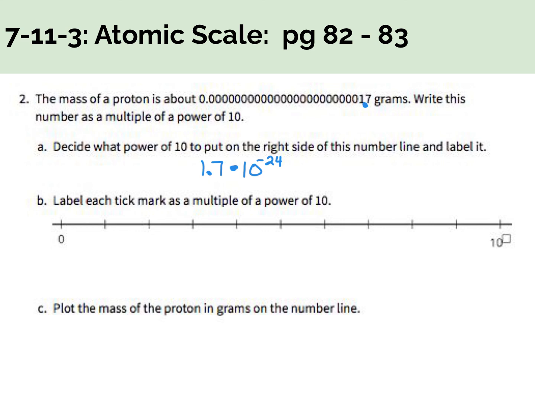All right, so let's go ahead and label our number line, okay? And you can label it different ways.